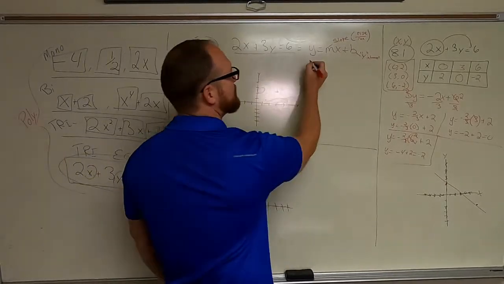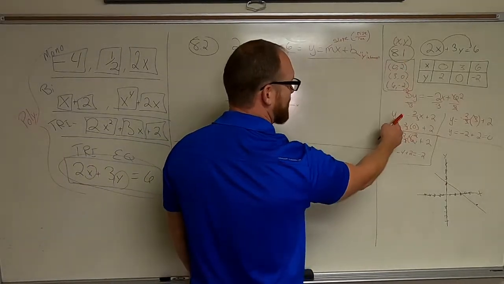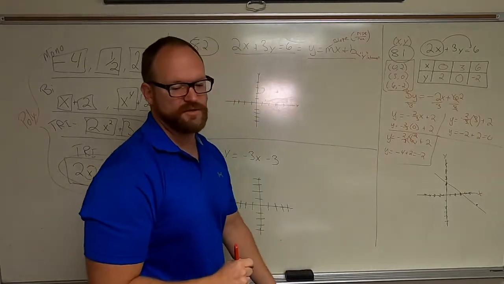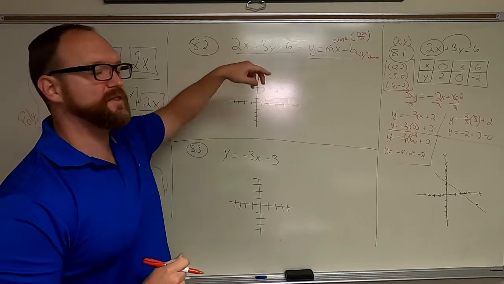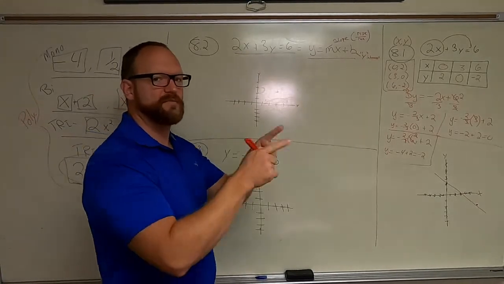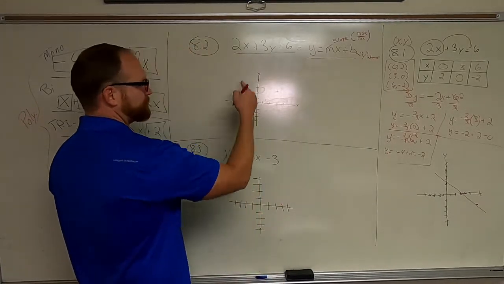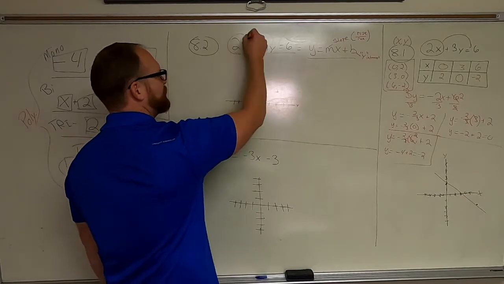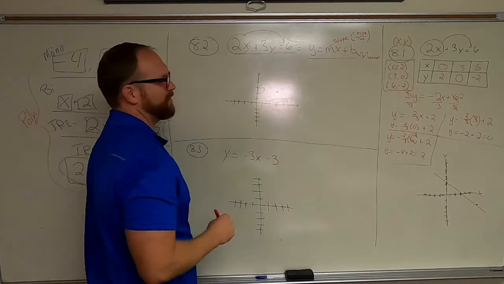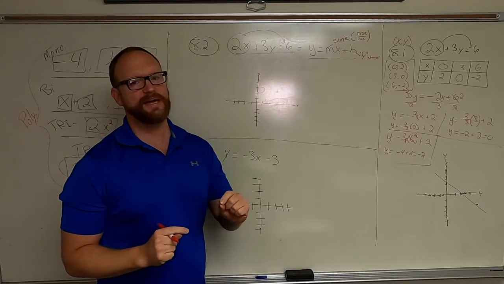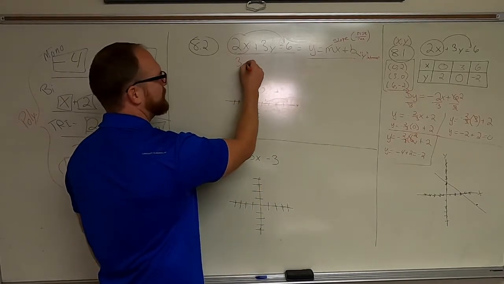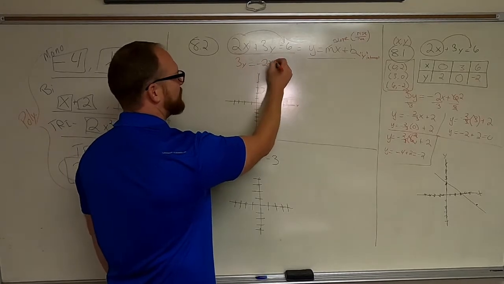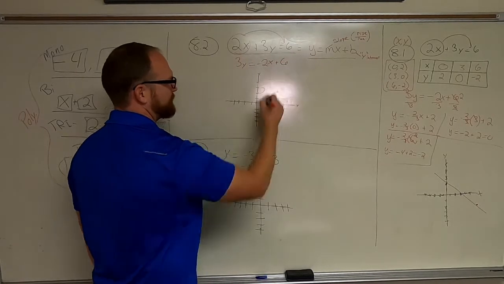So it has to be in this form, which we eventually got it down here. Our book says step number 1, solve for y. That's what we're going to do with this. In other words, get y on one side by itself, everything else on the other. And so let's look at this again. Remember, take that 2x to the other side. Remember our simple little saying, change sides, change signs. And so we have 3y equals a negative 2x plus 6.